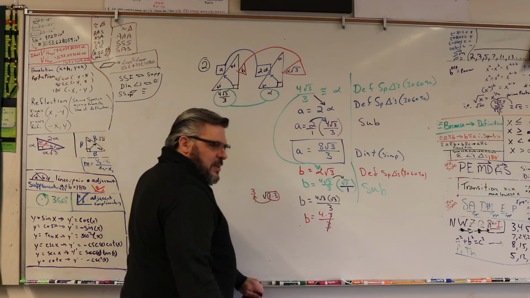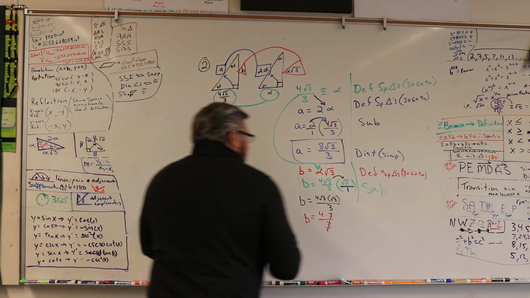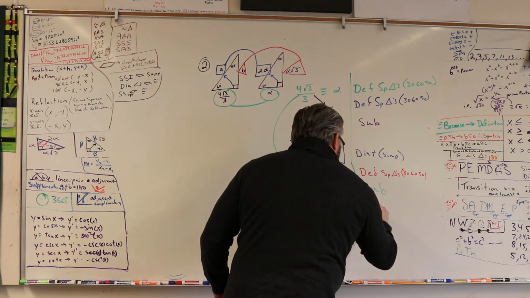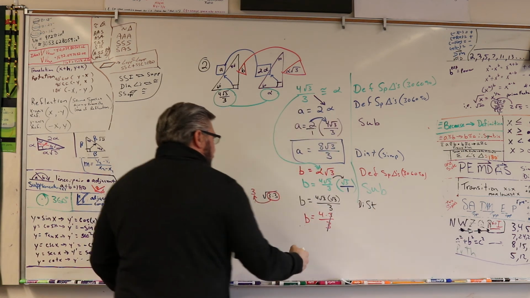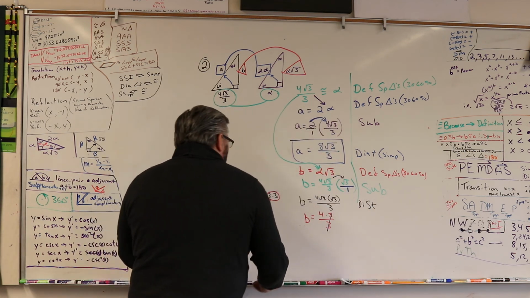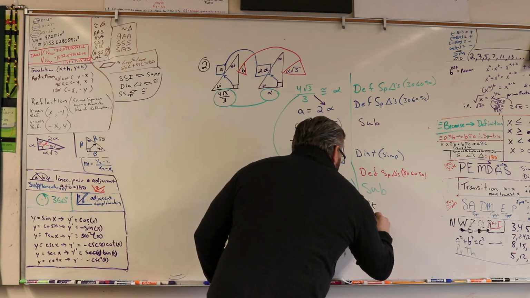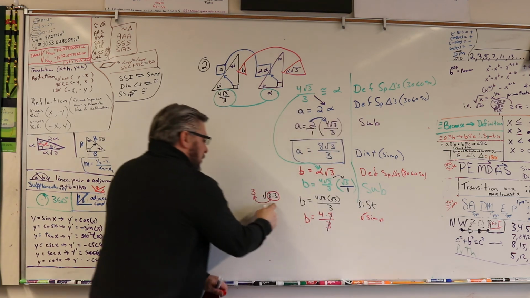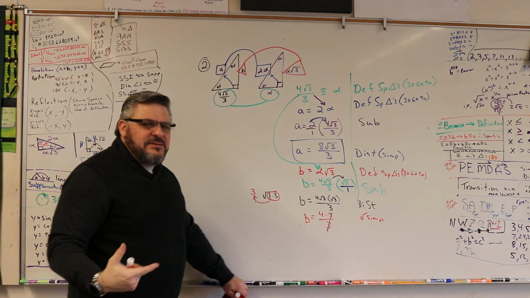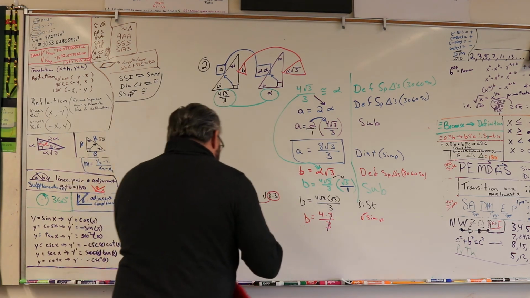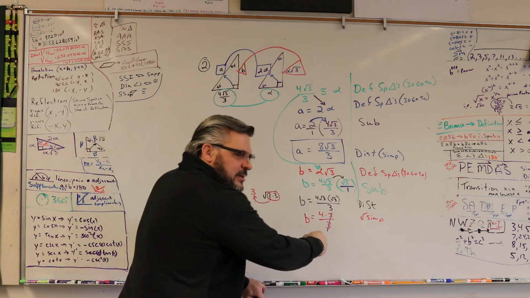Boom. Right? So our first step in black was a basic distribution, right? Okay, and then in red we did a radical simplification, right? We said, oh, if there are two 3's in a radical, we can pull one out. So that's the radical simplification, right? And then in purple, we're canceling, right?